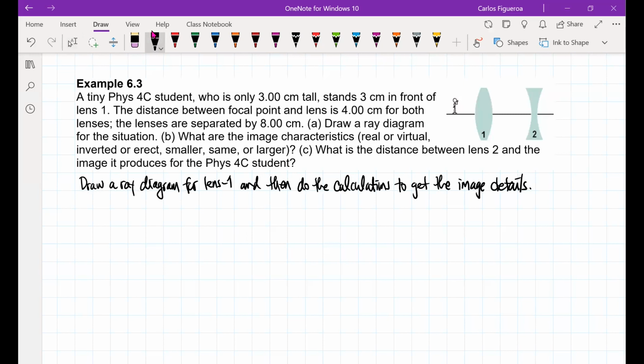And then I'm going to redo that for lens 2. So here I go. The first thing I'm going to do is deal with lens 1. So that means I'm going to do a ray diagram and calculations.